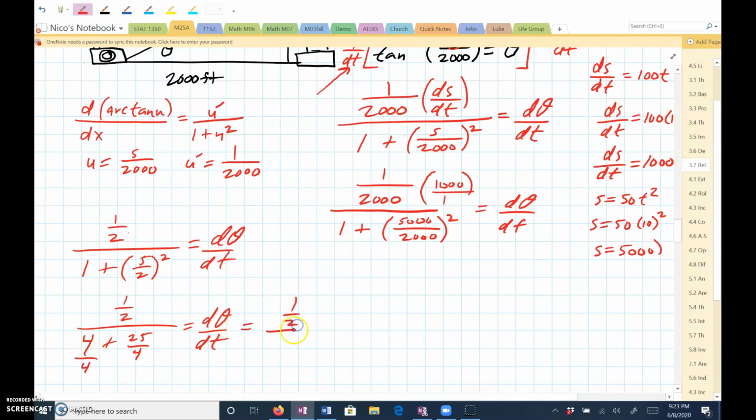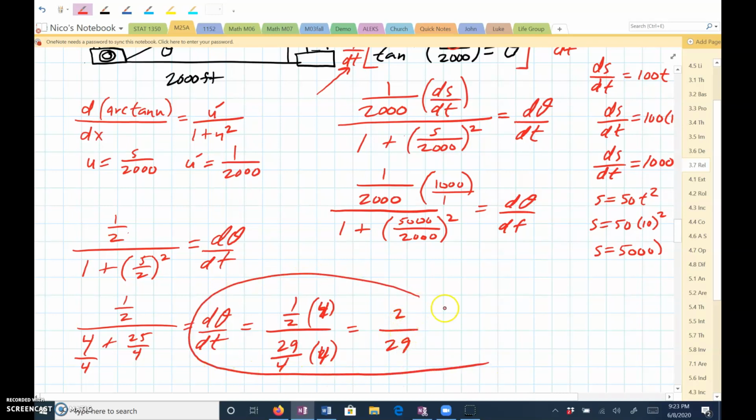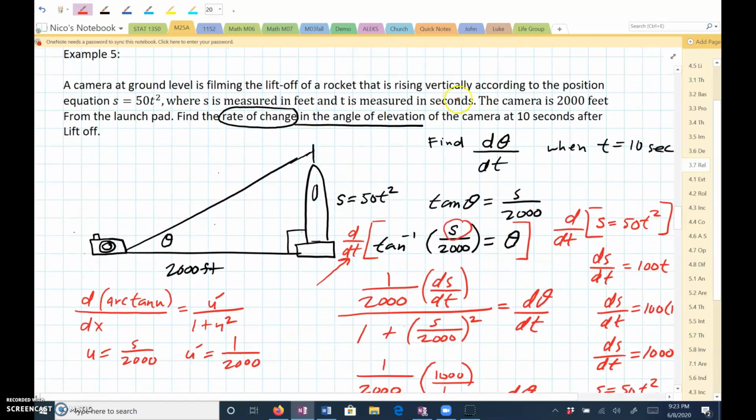So this would be 29 over 4. Then let's multiply the numerator and the denominator by 4, making this 2 over 29. So now I know d theta dt is 2 over 29 radians per second.